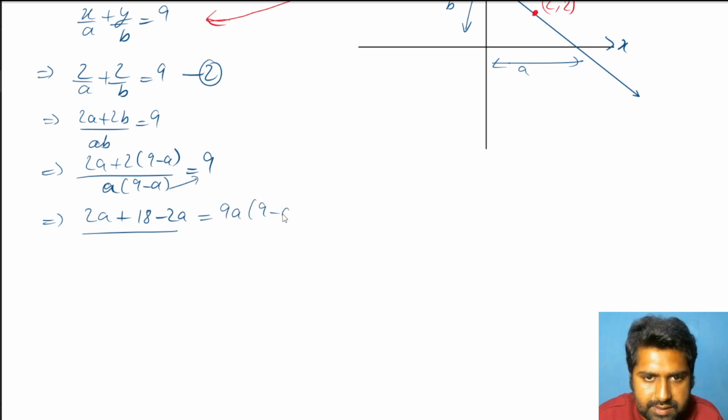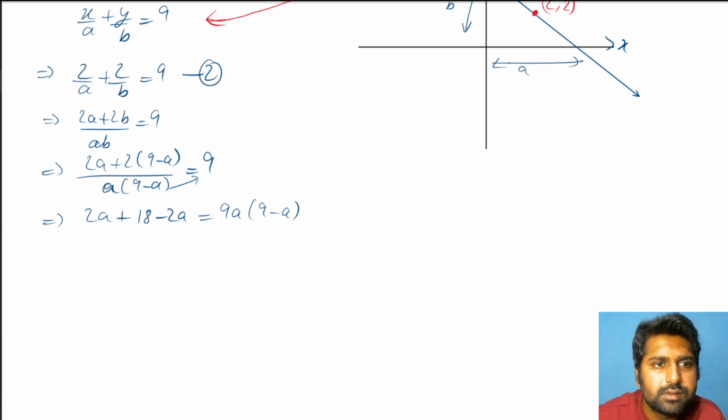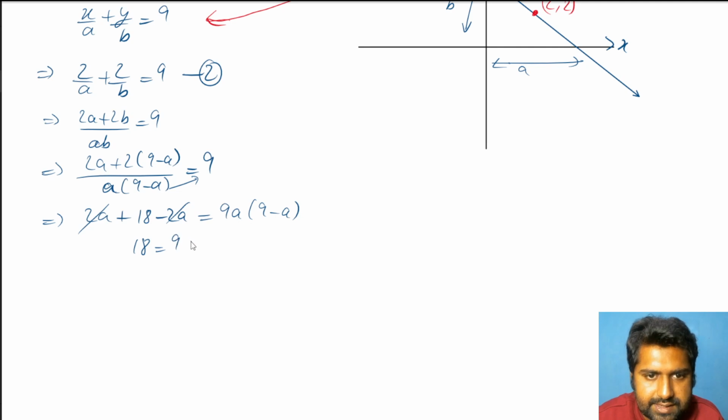9a bracket 9 minus a. 2a cancels, so 18 is equal to 81. Why are we even taking 81? Let's keep it simple, let's cancel this 9 with this 18, so 2 is equal to a bracket 9 minus a.